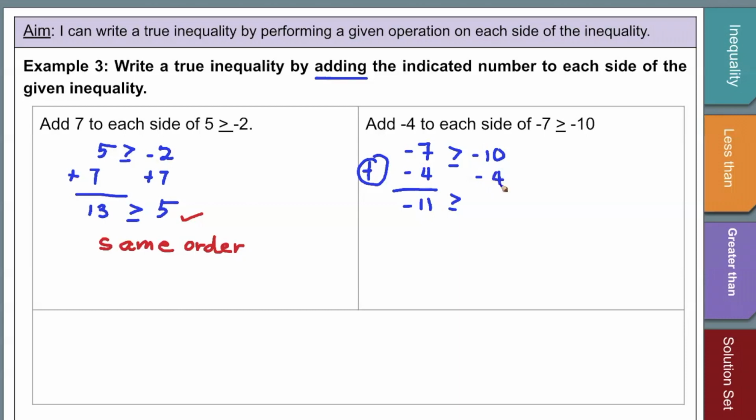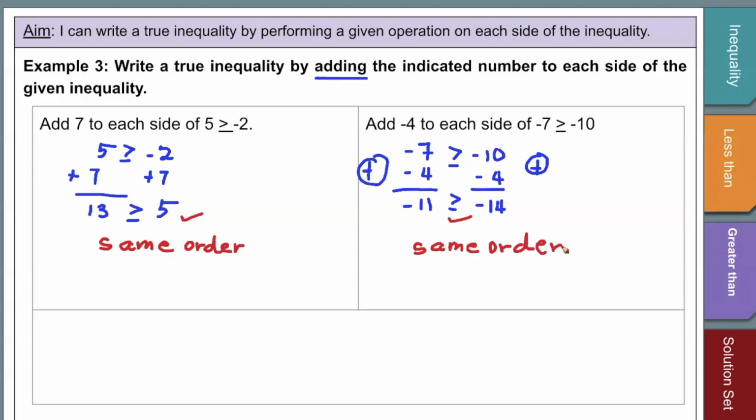Is negative 11 greater than or equal to negative 14? Yes, negative 11 is greater than negative 14. So this is a true inequality, and both the original negative 7 greater than or equal to negative 10 and negative 11 greater than or equal to negative 14 have the same order.